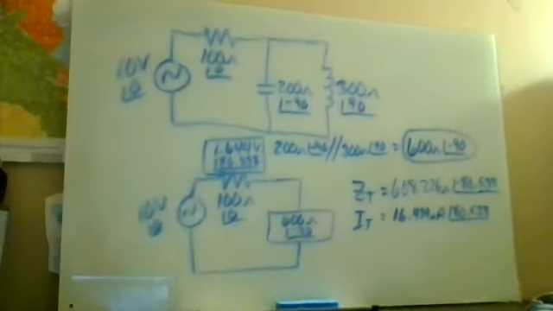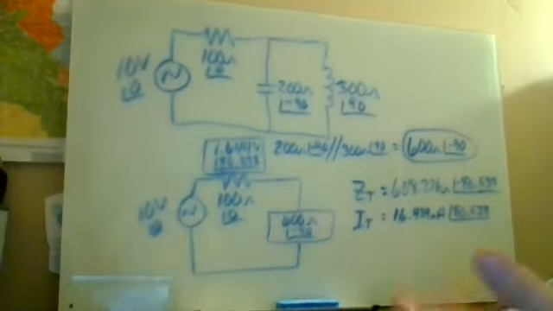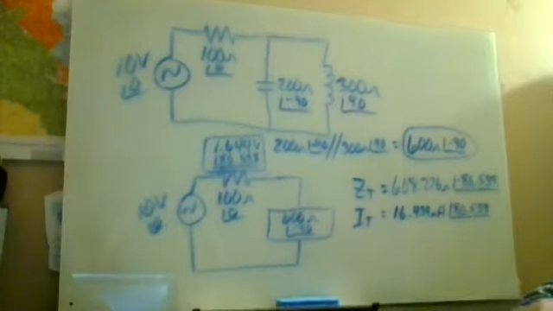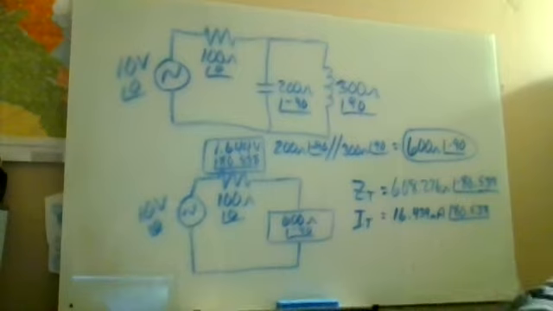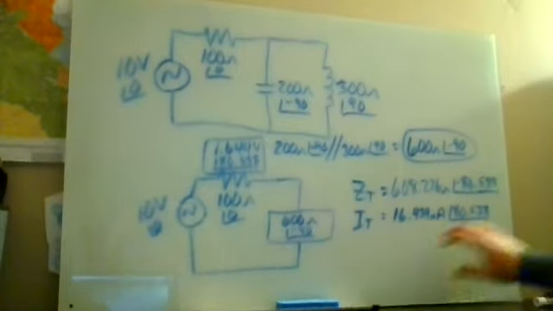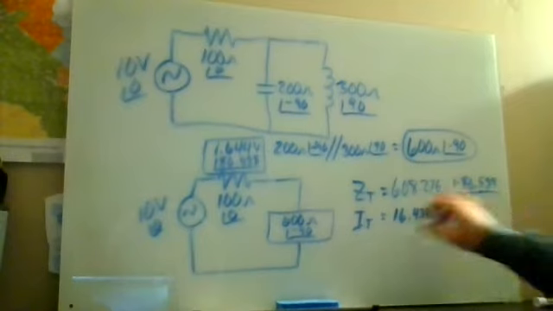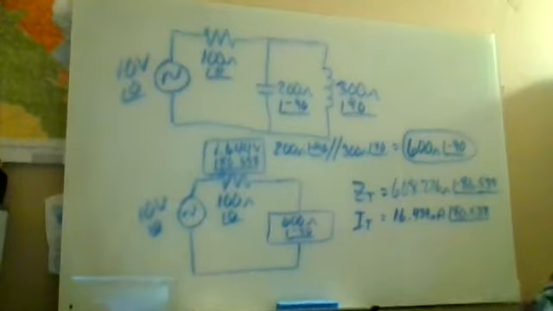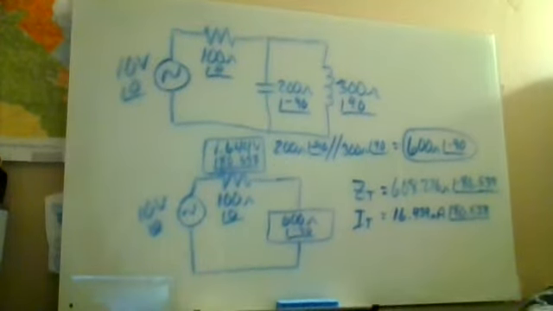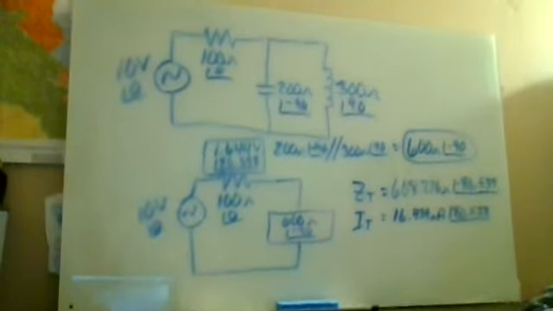Bingo, that's right. 1.644 volts at an angle of 80.538 or 537, whatever you got. Whatever you had over here for your angle, that's going to be the angle because this one's a 0. And that's basically IR1 that we just found. That's the voltage drop across R1. It's VR1.